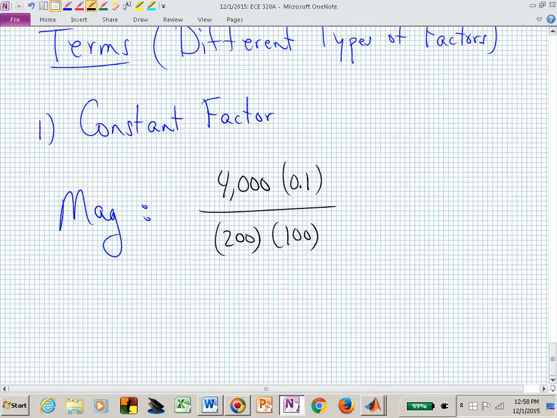And we can clean this up a little bit. How many times does 200 go into 4,000? 20. So now we have 2 over 100. Kind of small, but this is now 0.02, or 2 times 10 to the minus 2.